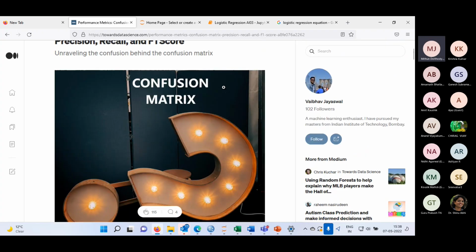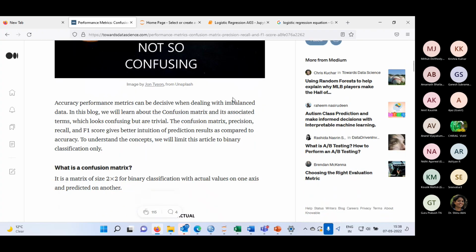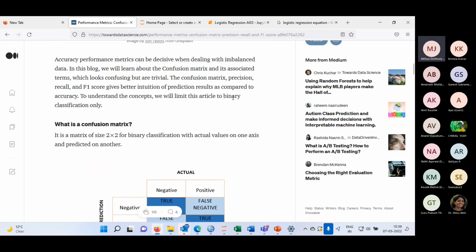Even before that, let's look at some of these things. Can you just read this, everybody? Please read this at a very high level, get a feel of this. Why do you need these things over and above accuracy?